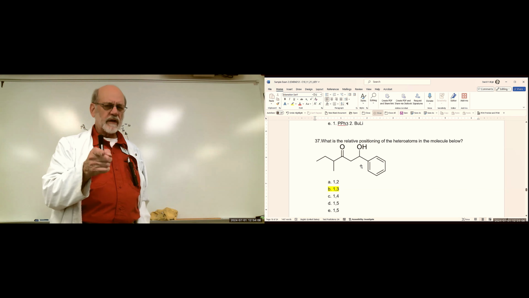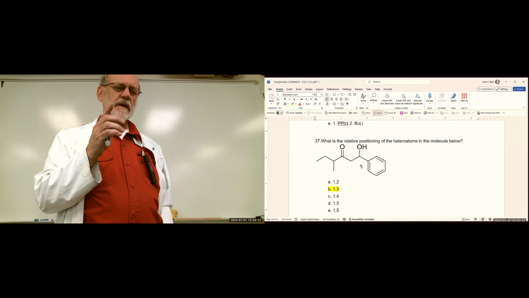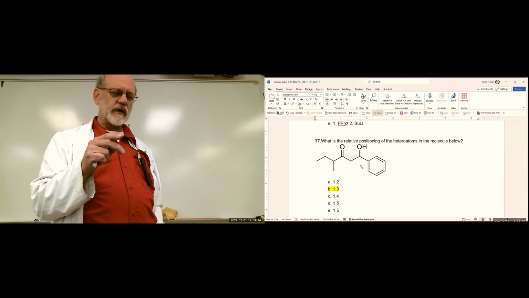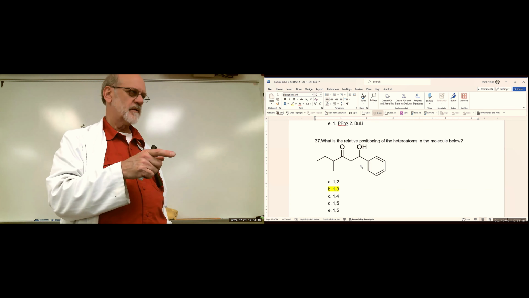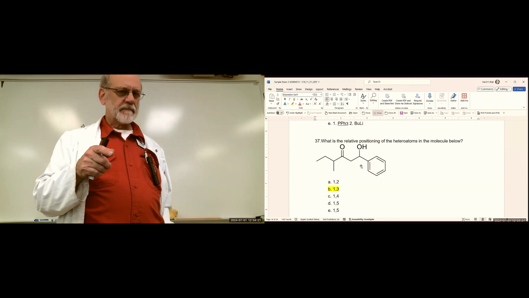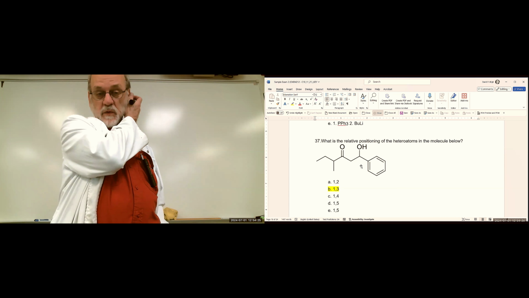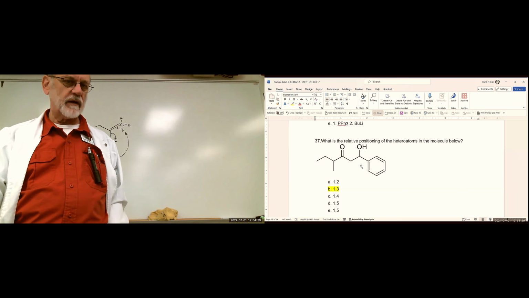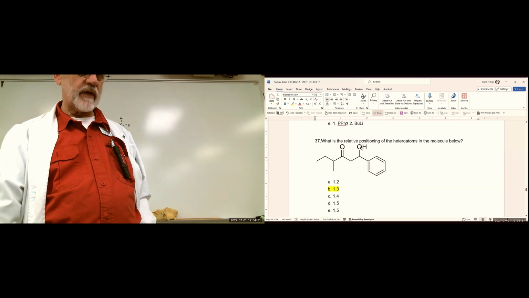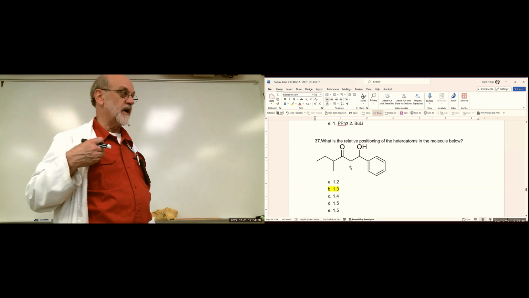When we talk about relative positions, we're not strictly confining ourselves to the nomenclature convention. We do when we can, and in this case, we use the smallest numbers available. Which one is 1? Well, the carbonyl could be 1, and then the hydroxyl could be 3, or the hydroxyl could be 1, and the carbonyl could be 3. They're still in a 1-3 arrangement.